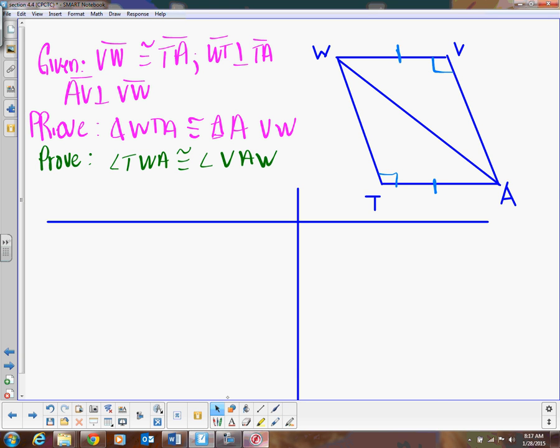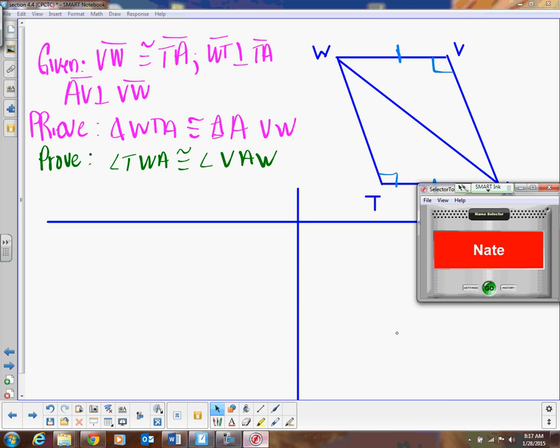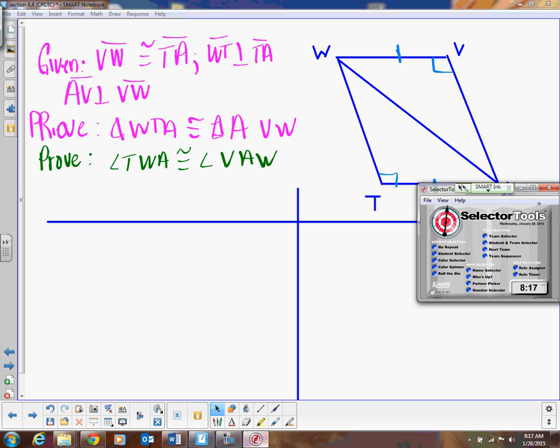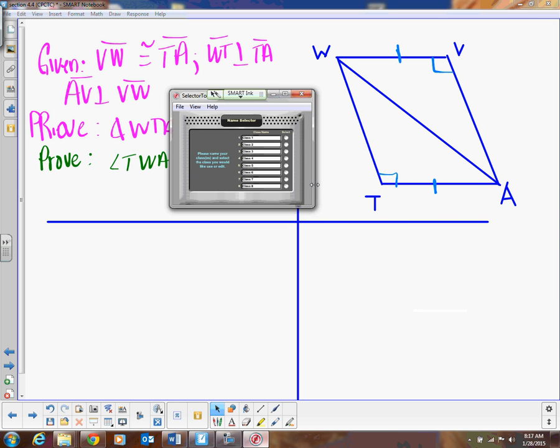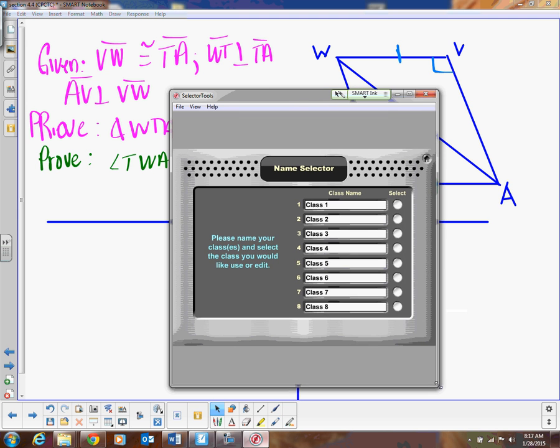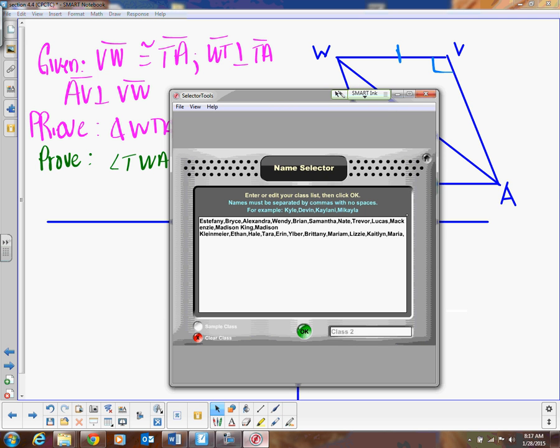All right. Nate. I wonder if that's supposed to be Trevor. Let's see. Is Trevor's name in here? My name in there? I just got picked twice. Let's look. I thought I put Trevor's name in here. So we're going to take Nate out.